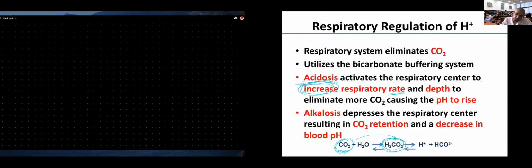What if a person has alkalosis? What do you think? Would you like him to breathe faster or slower? Would you like to increase the respiratory rate or decrease the respiratory rate?